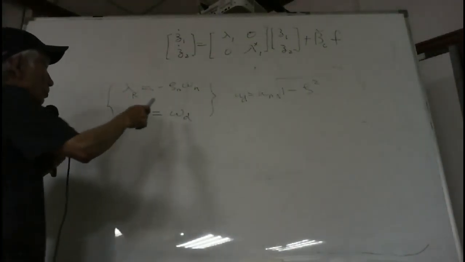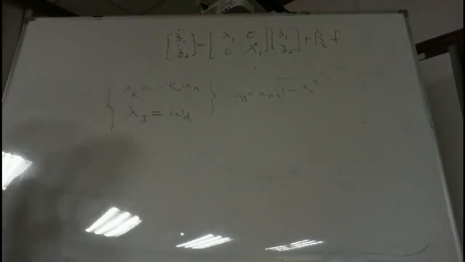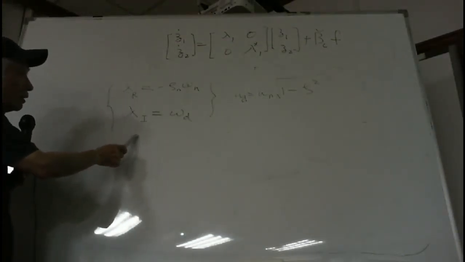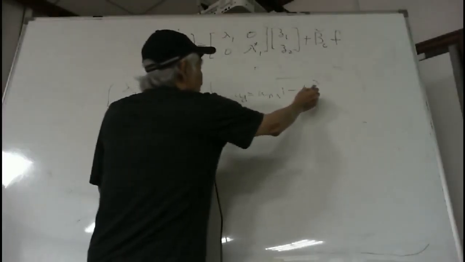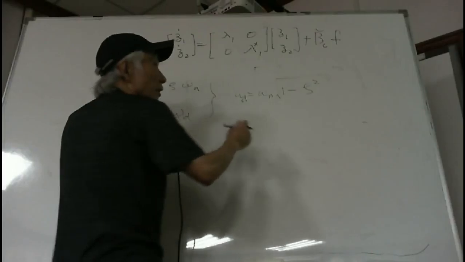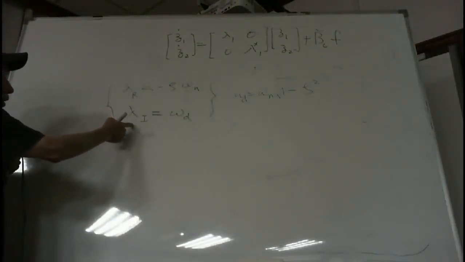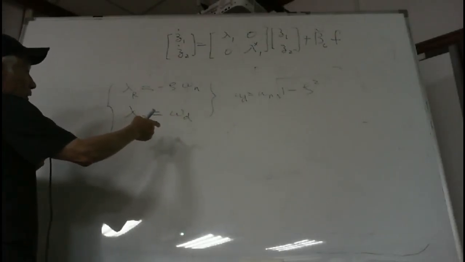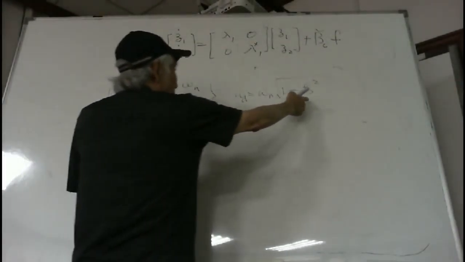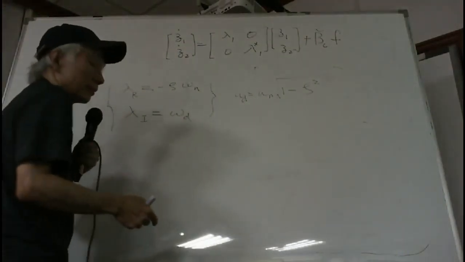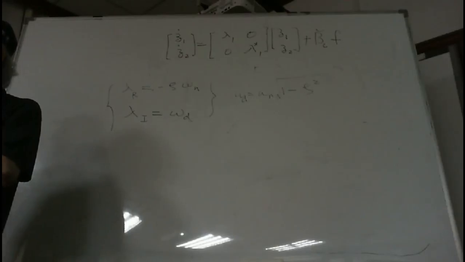So I have 3 equations, 1, 2, 3. I know this one, I know that one. If I give you this, I know omega d. If I give you this, I can solve omega n. Agree?